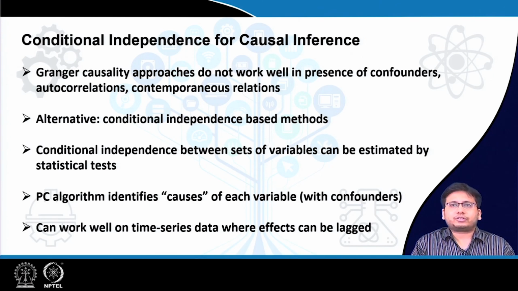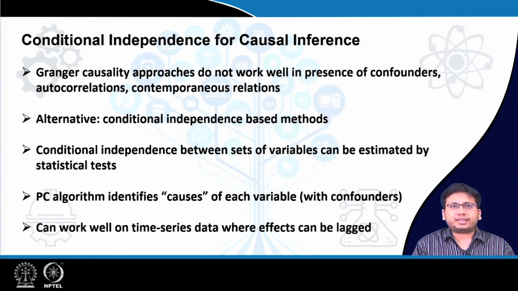If such a situation arises, then Granger causality is not able to detect it in any way. But if we have the conditional independence based approaches, then we can identify this situation and then identify z as a potential confounder.